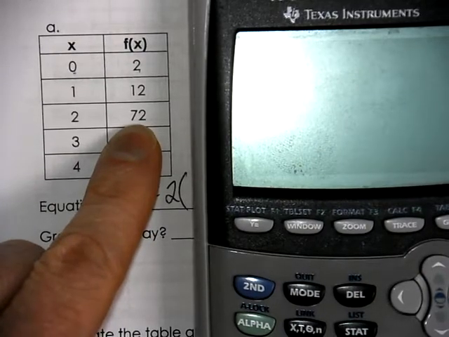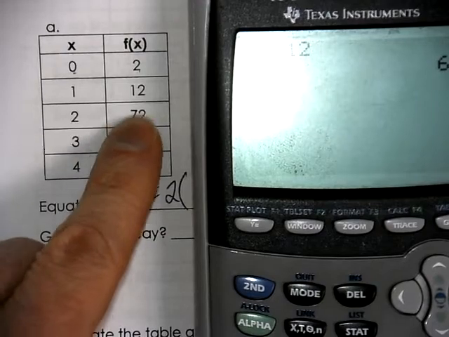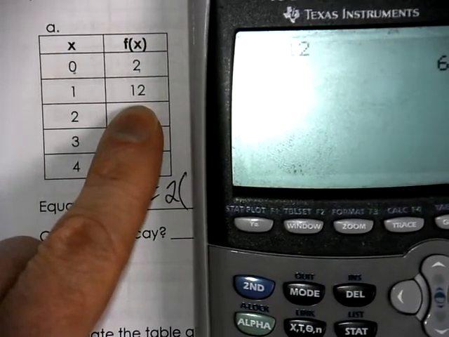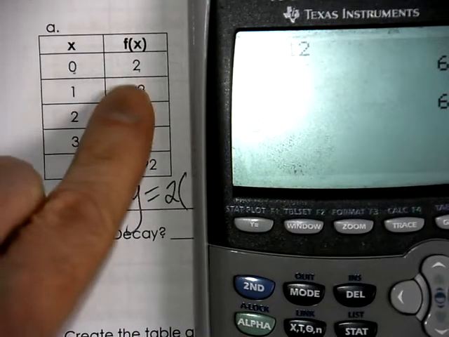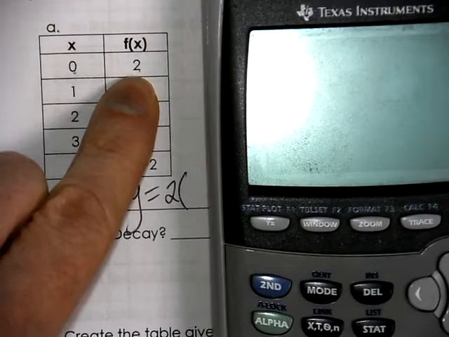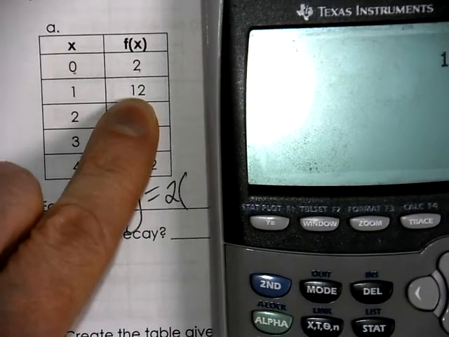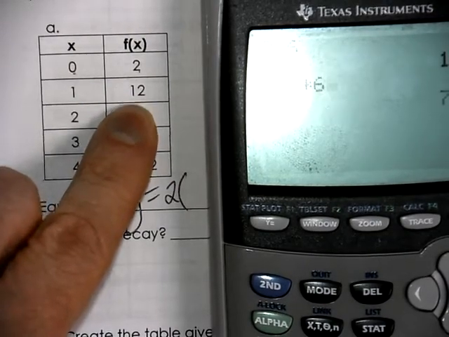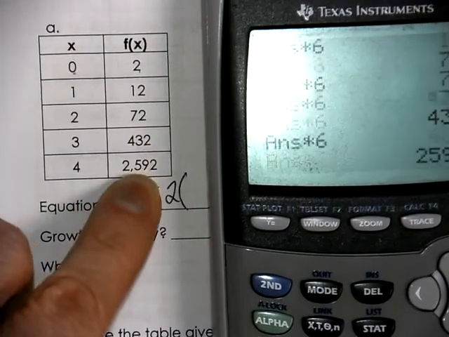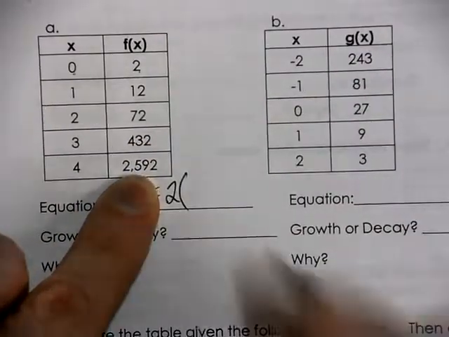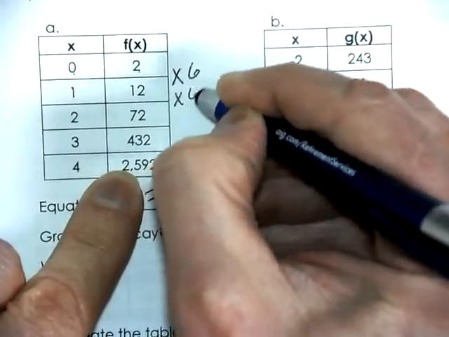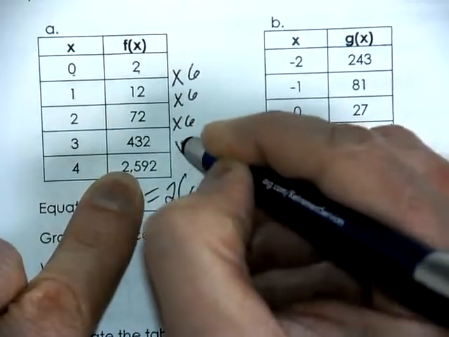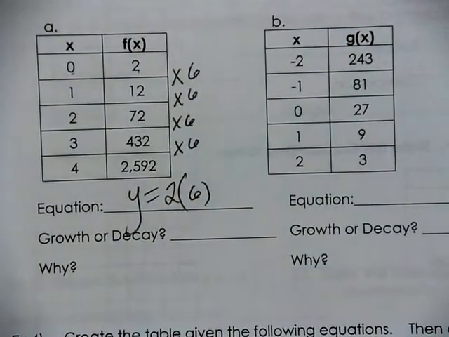You could take the 72 and divide by the 12. You could take the 12 and divide by the 2. So those are ways that you can find out. You can kind of work it backwards. Or you could look in here and just think about 2 times what number makes 12. And then you're timesing by that 6 each time to get your next value. So you know that your B value is going to be 6. We're multiplying by 6 each time to help us fill out our table.